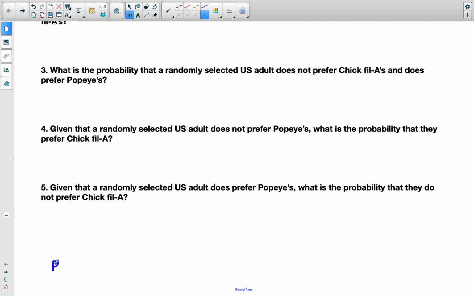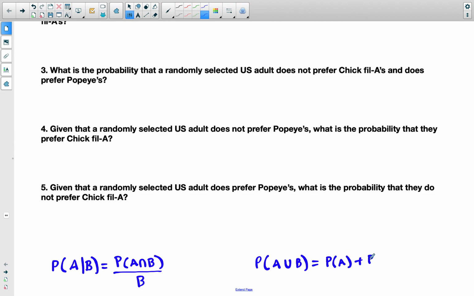The conditional one, which is the probability of A and B over your condition. And then we'll also be using the general addition rule, the probability that one or another event occurs. So union, which would be probability of A plus the probability of B minus the probability of both.